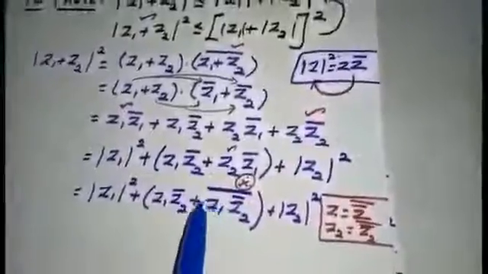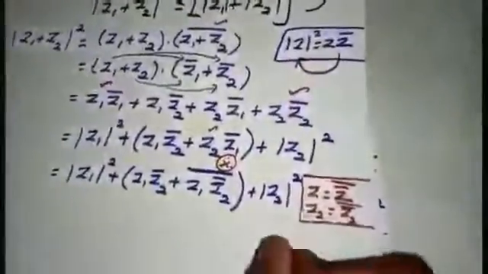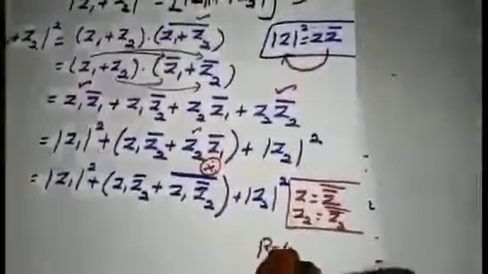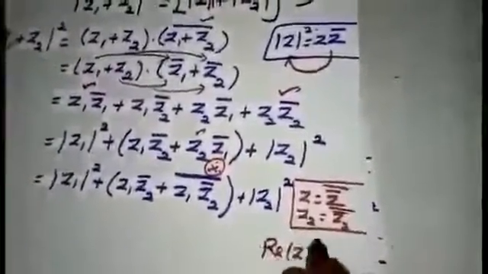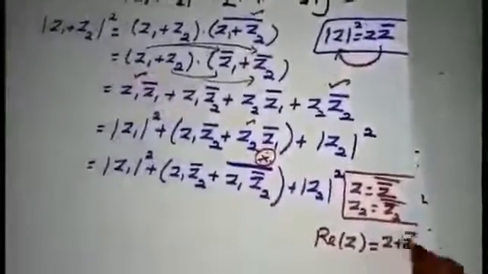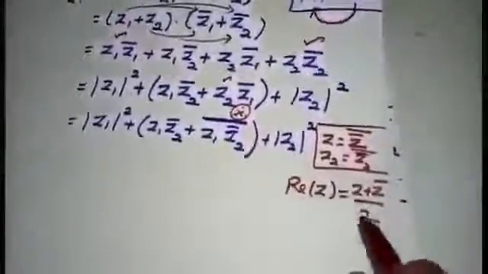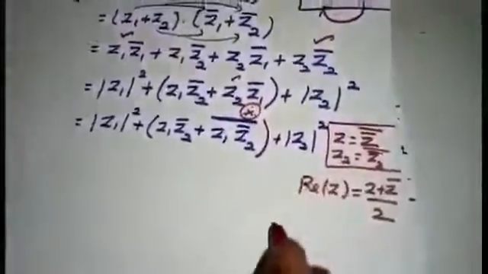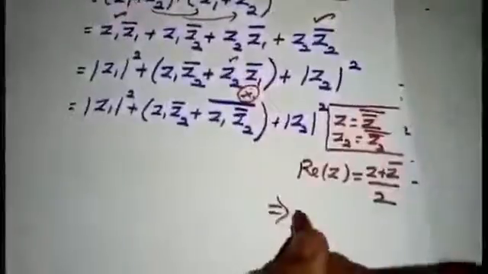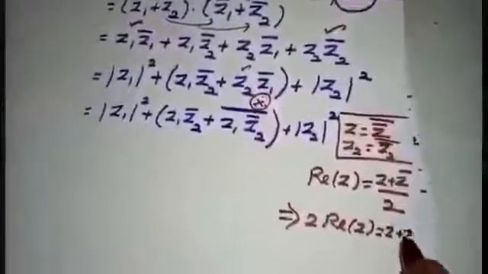Next, I am going to take another property. We know that the real part of Z is nothing but Z plus Z bar by 2. Now if I cross multiply this 2, I can write it like this: 2 real part of Z is equal to Z plus Z bar.